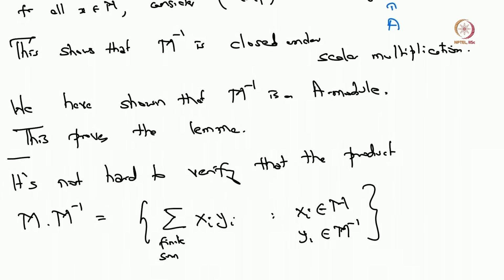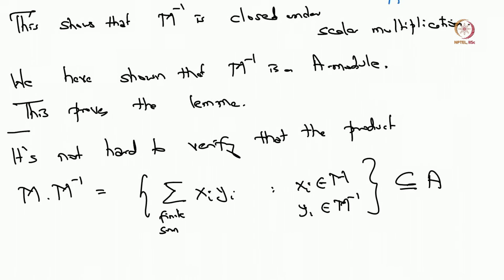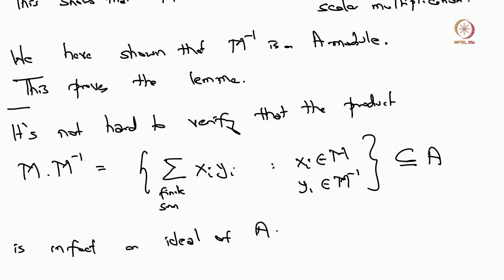And just by the definition of M inverse, we see that this is a subset of A, but because A and M inverse are both A modules, it's not hard to show that this product is in fact an ideal of A.